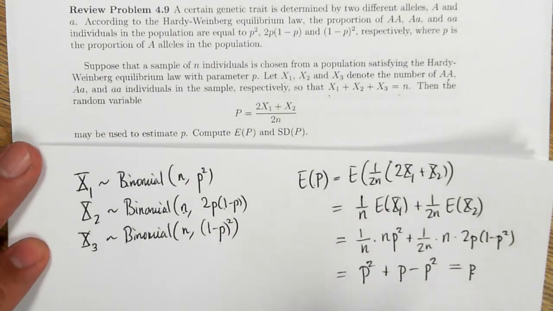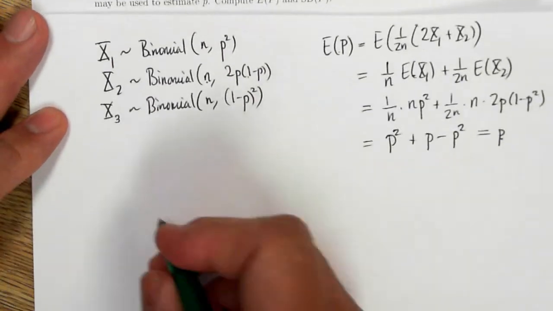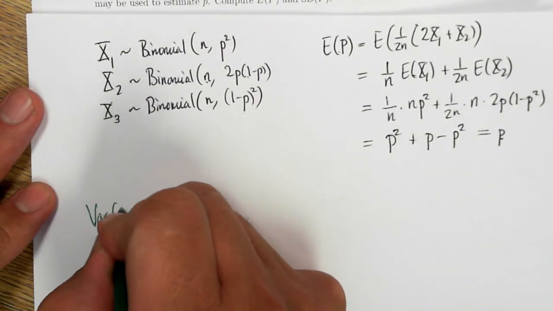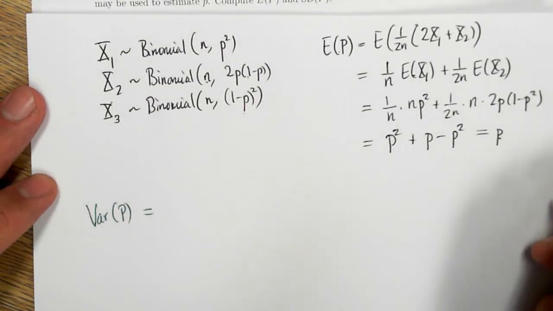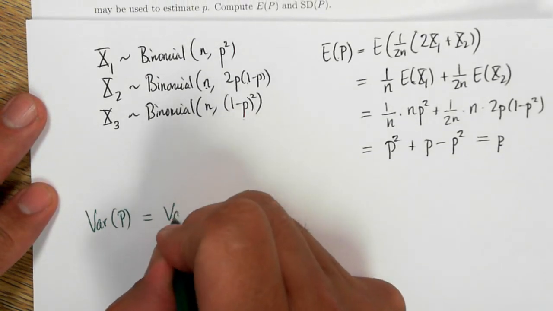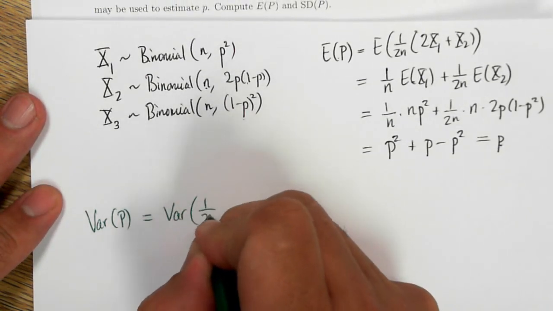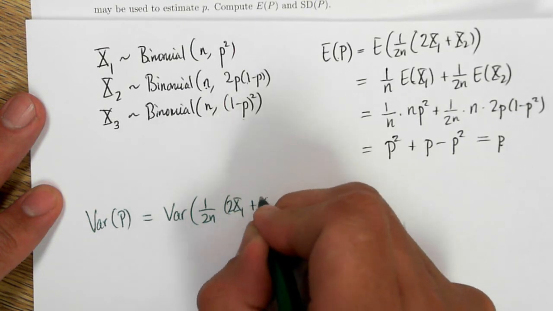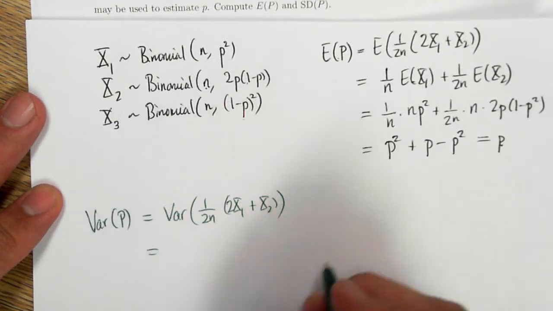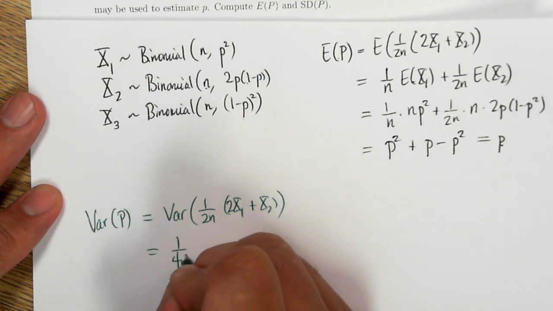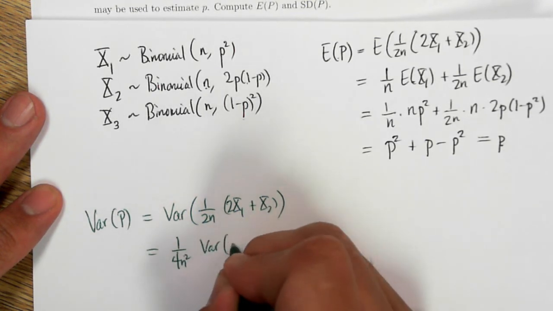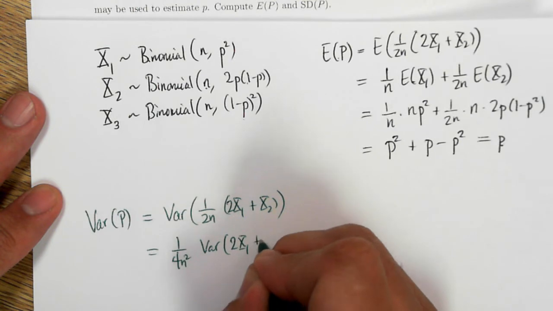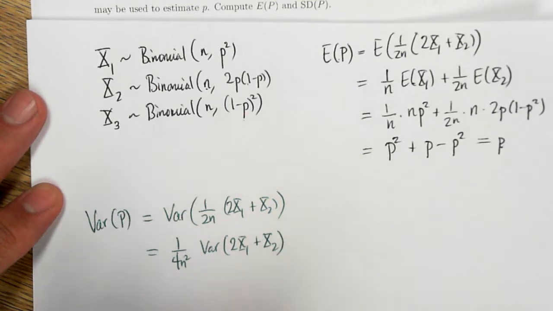Now let's talk about the strategy before I start computing this. So let's talk about the variance of P. The variance of P is going to be equal to the variance of 1 over 2n times 2 times x1 plus x2. So 1 over 4n squared times the variance of 2x1 plus x2.